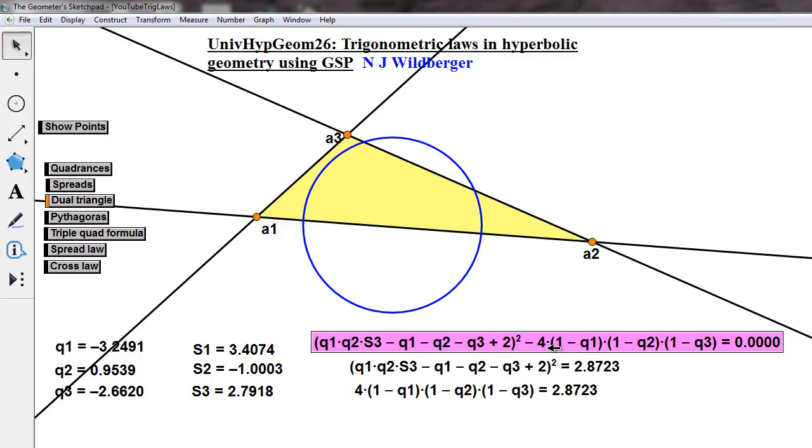There's also a dual law to all of these four laws, but it turns out that the dual law has exactly the same form because of the duality between quadrance and spread. While in classical hyperbolic geometry, the dual Cauchy law is subtly different from the original Cauchy law.